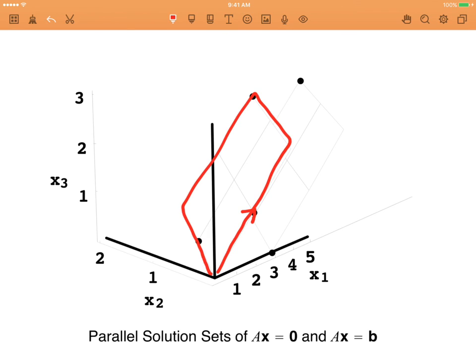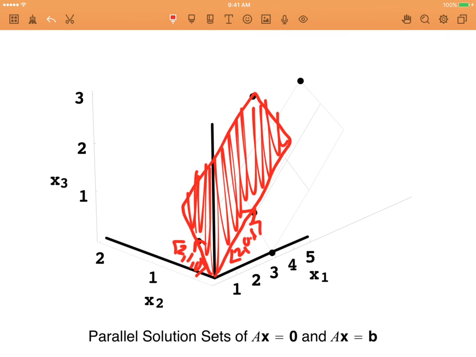I know this is a little hard to see, but this is 2, 1, 0. And this other guy here is 2, 0, 1. And that makes this red plane starting at the origin. There's the origin there. There's 0, 0, 0. So this is the homogeneous solution set.